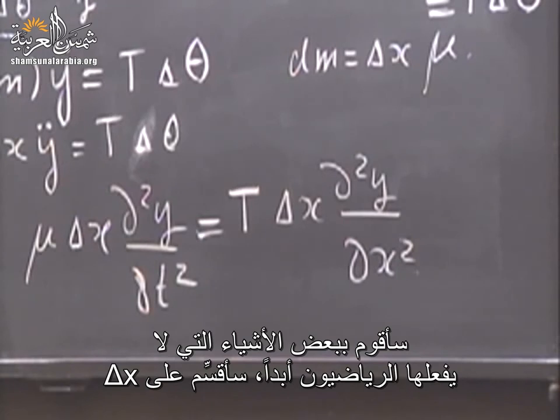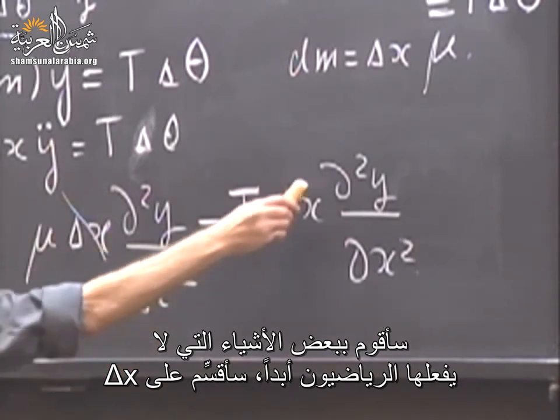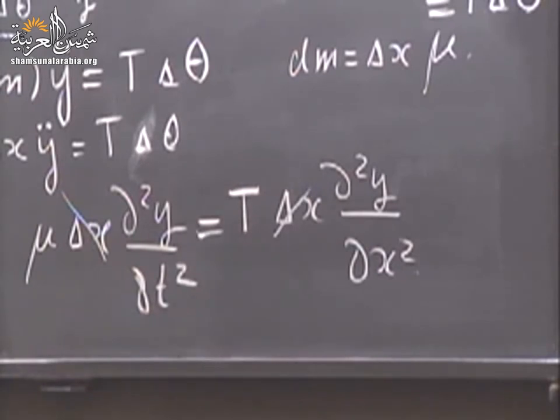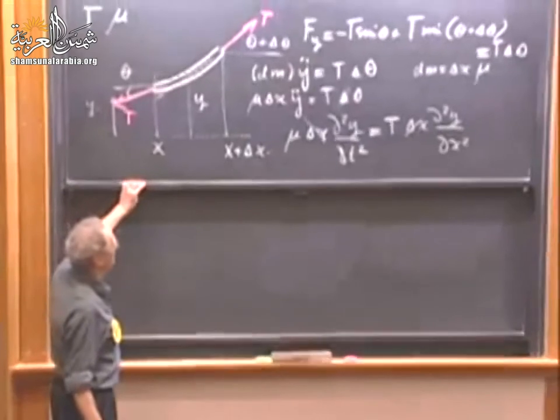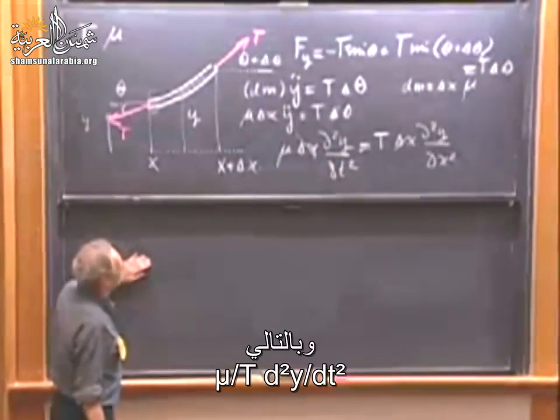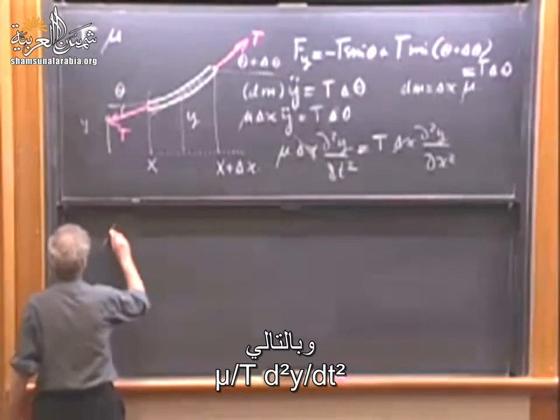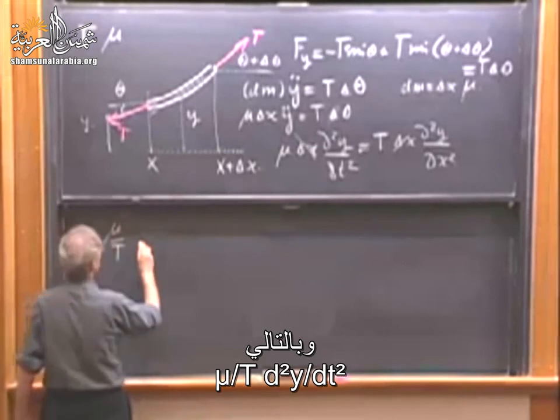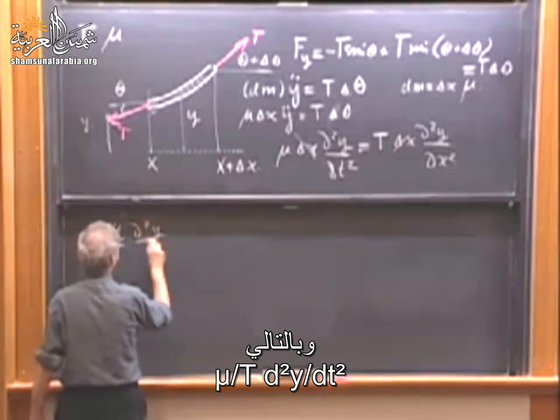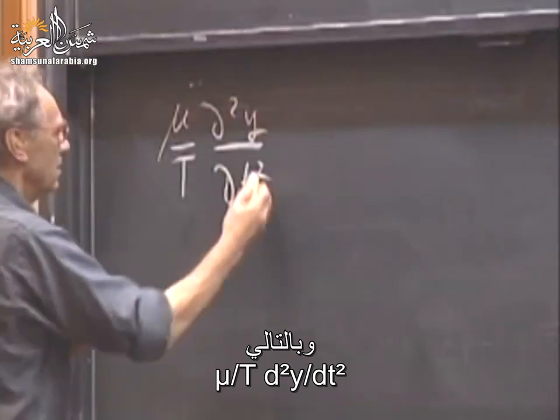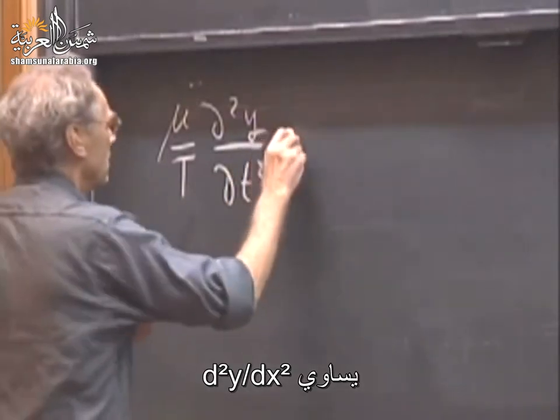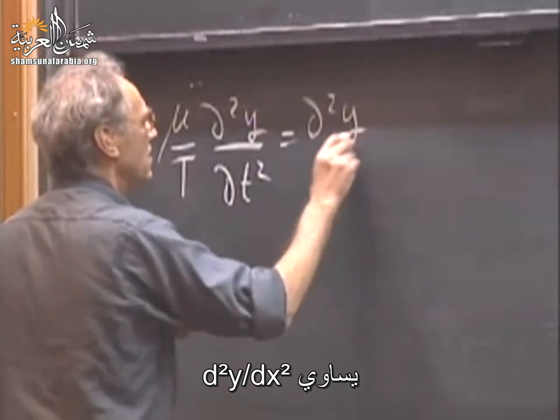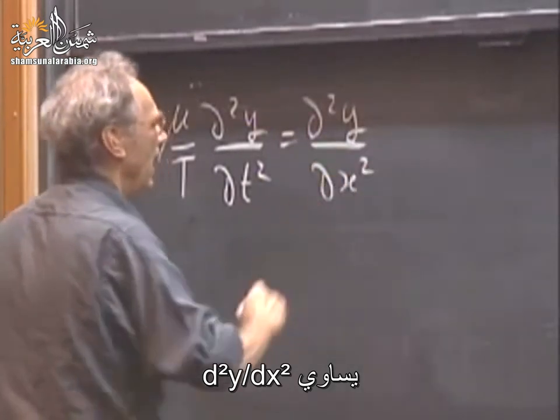And now I'm doing something that mathematicians would never do. I'm going to divide out delta x. Don't tell your 18 whatever people that I did that. So now what you have is that mu divided by t times d2y dt squared, constant value of x, is now d2y dx squared.